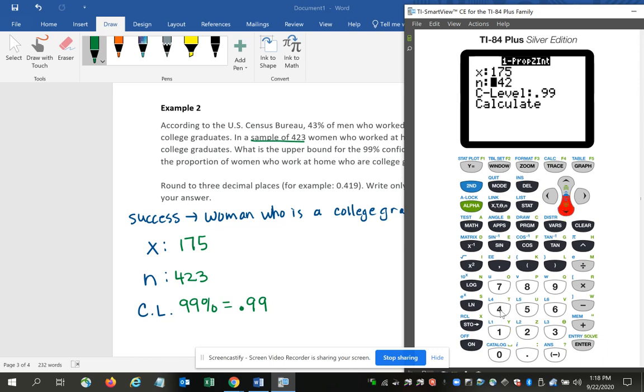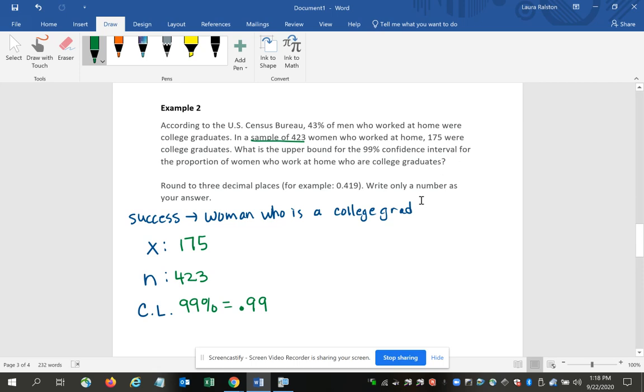My sample size was 423. I'm doing a 99% confidence level, and then I'm going to calculate. And it gives me 0.35203, 0.47539. Okay, so I'm going back to write this down.